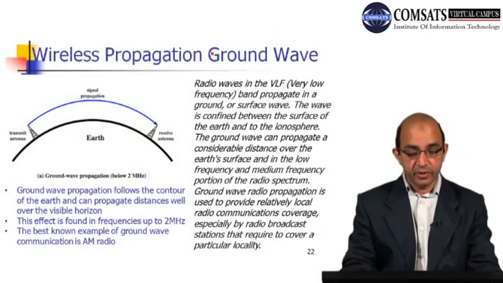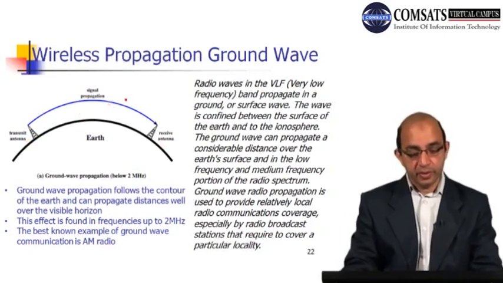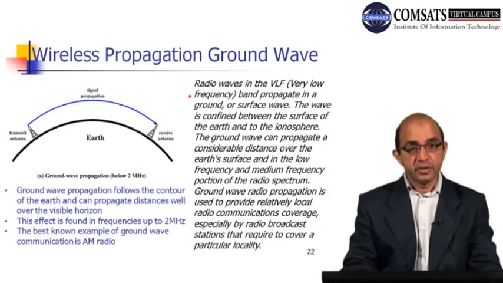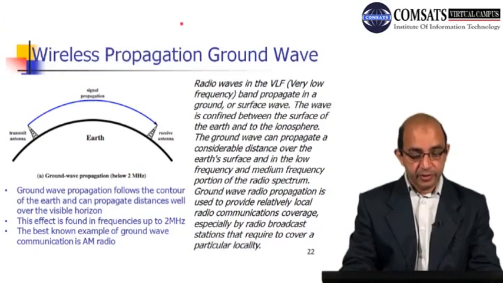So first we will start from the ground wave. So you can see that the ground wave communication or propagation, it follows the contour of the earth, right? So here we have the transmitting antenna, and on the other side we have the receiving antenna, and you can see the path adopted by this wave propagation mechanism, that is the ground wave propagation, right?